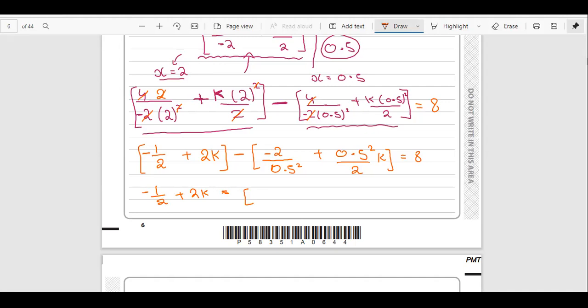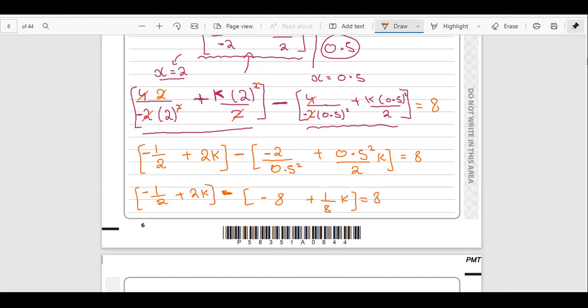I'm not sure if this is correct though. Okay, what are you not sure about? This is minus 8, and this is 1 by 8k. Oh, I didn't get 1/8.